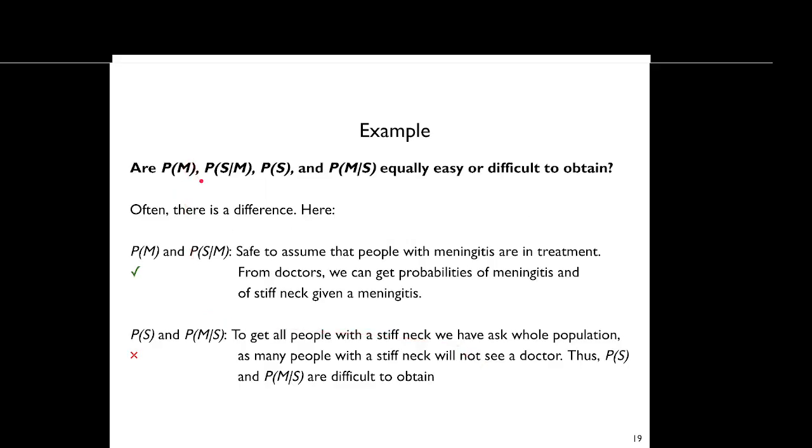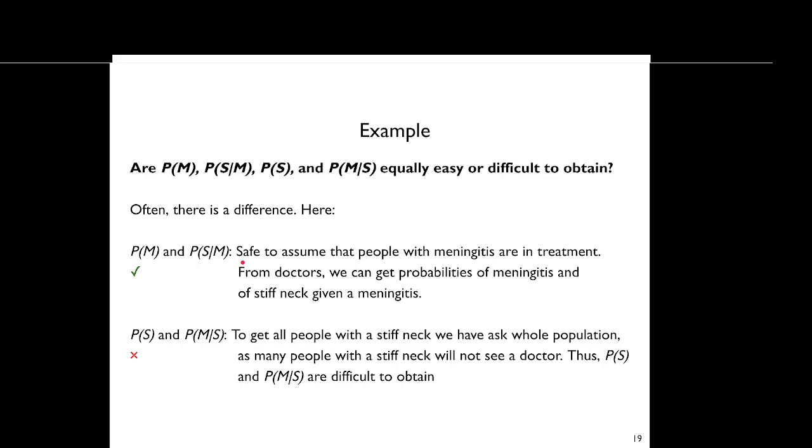So fine, we have those three values given, and that means we could calculate the conditional probability that we wanted. But in practice, how easy or difficult is it to actually obtain the data that we need for this calculation? Let's look first at the likelihood of a meningitis and the likelihood of a stiff neck given a meningitis.